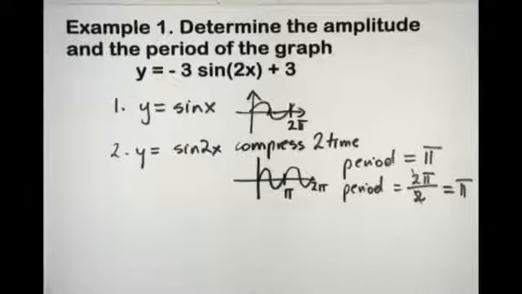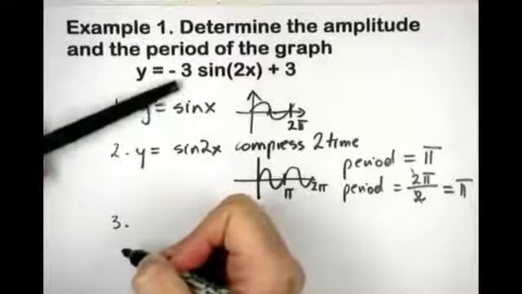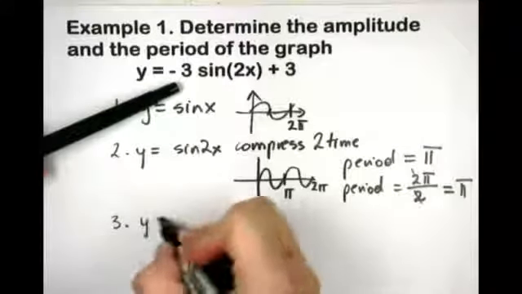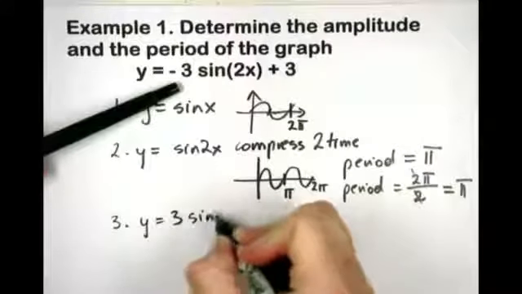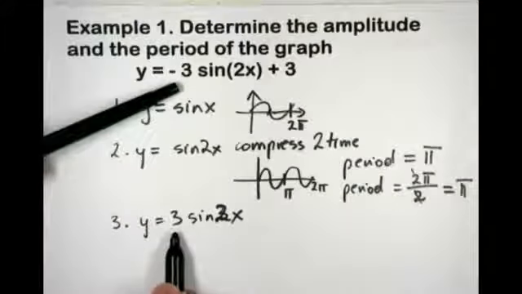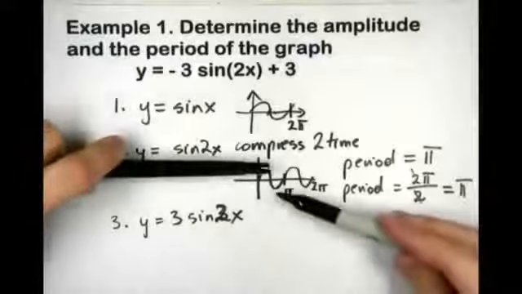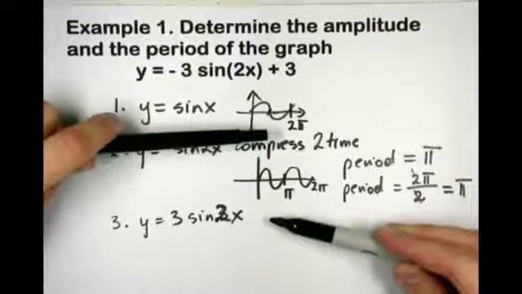Okay, then number 3, we would multiply by this one 3 times. Y is equal to 3 sine 2x. So if you have 3 times, that means we stretch this graph 3 times.